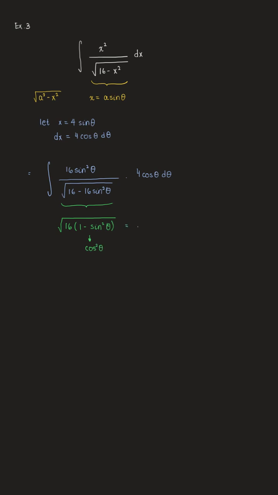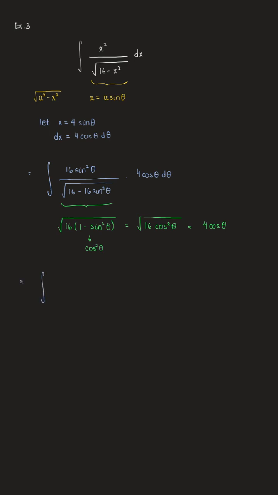So here we can write this as the square root of 16 cosine squared theta, which will be 4 cosine theta as long as we are in quadrants 1 and 4, where cosine's positive. Otherwise, we would need the absolute value, but we're just going to assume that we are in quadrants 1 or 4. Okay, let's get back to our integral.